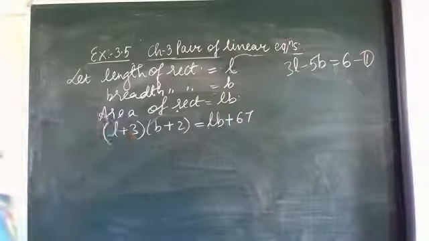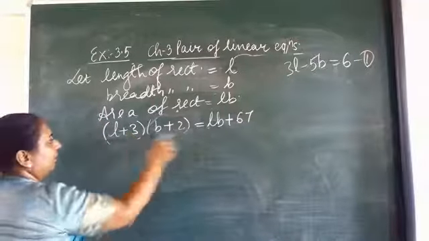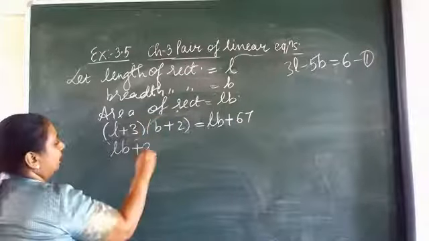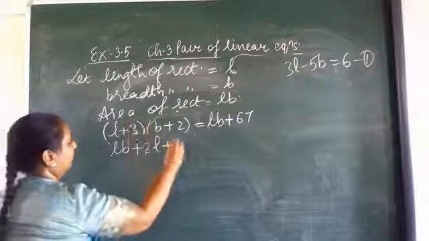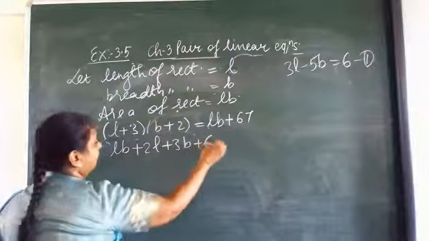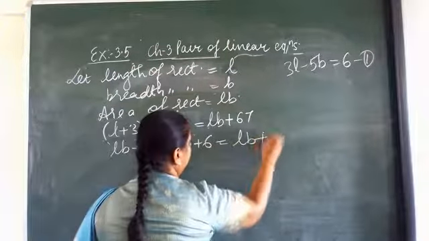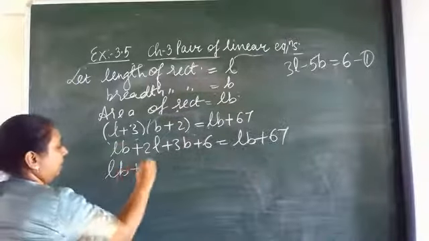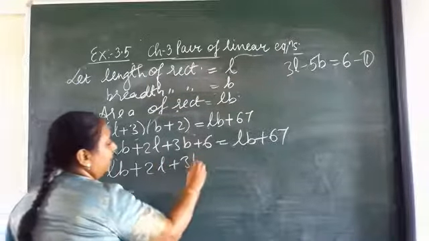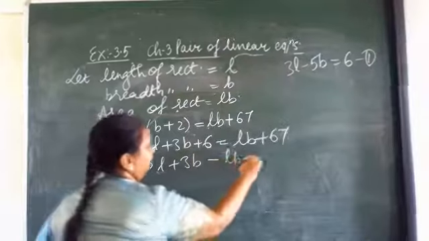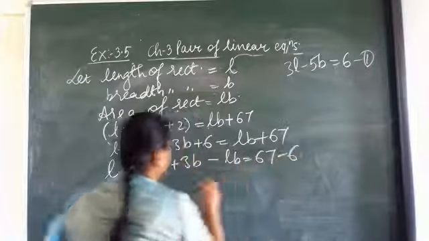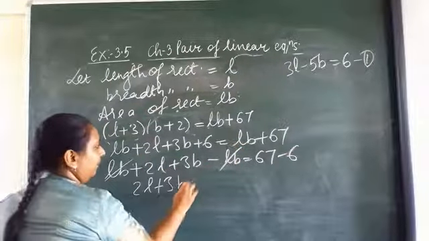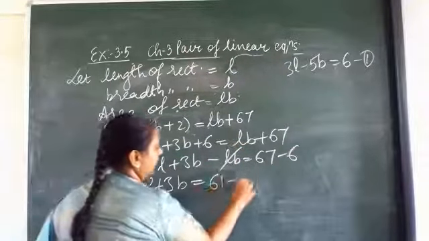Again you solve this product of binomials. So LB plus 2L plus 3B plus 6 is equal to LB plus 67. Now 2L plus 3B is equal to 67 minus 6. LB is cancelled with LB, and 2L plus 3B is equal to 61, which is the second equation.